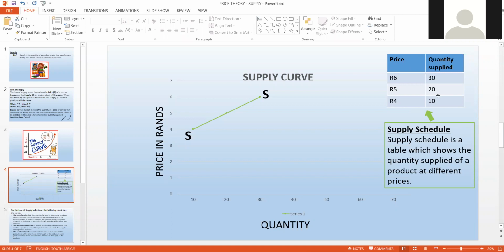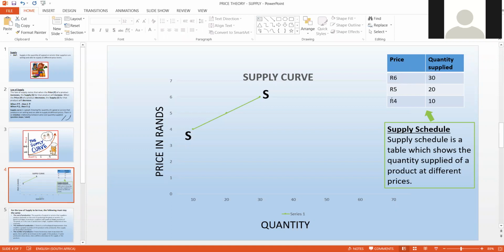So you can see here, if we look at the price of the Twiggles chips, if I can sell them for R6 in the market, so to the students in my class, then I'll be willing to supply a lot, because I know I can then make a lot of money and a lot of profit.